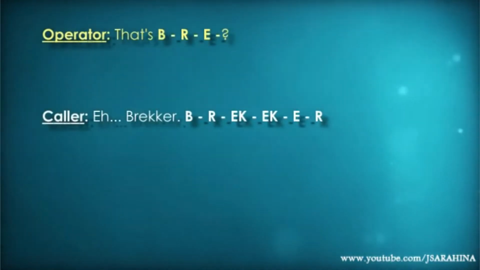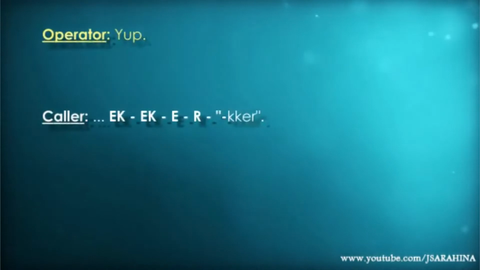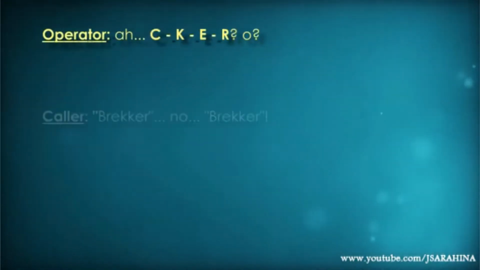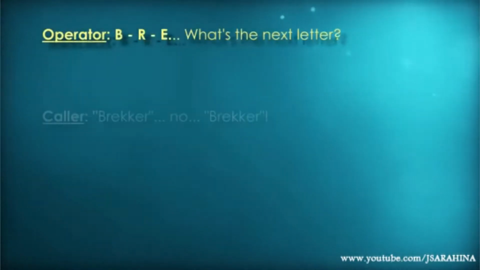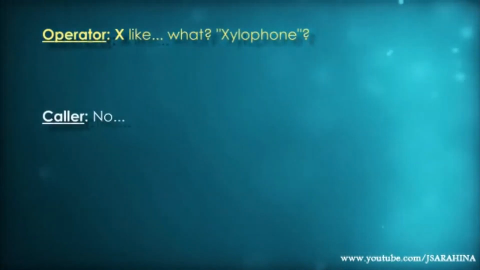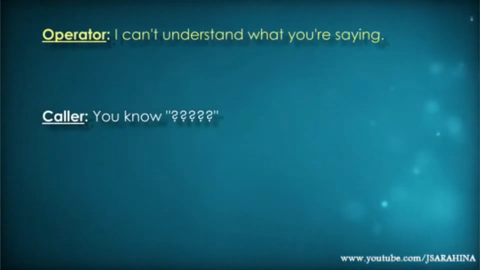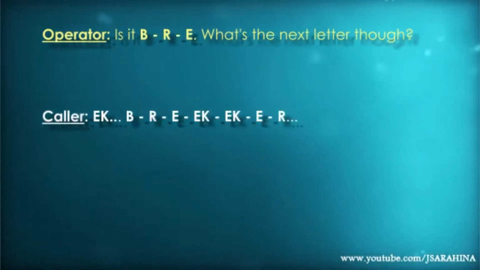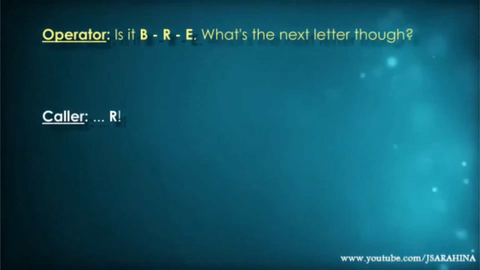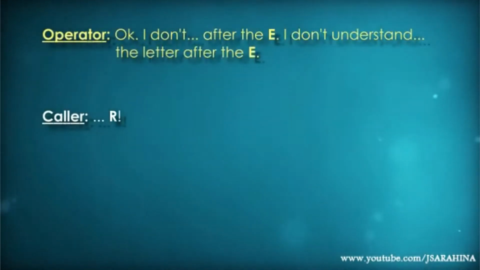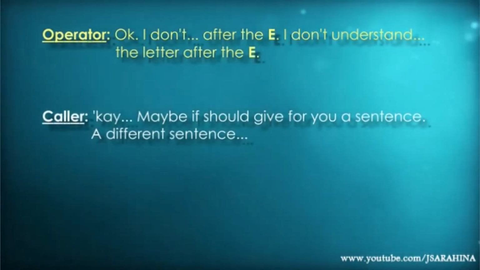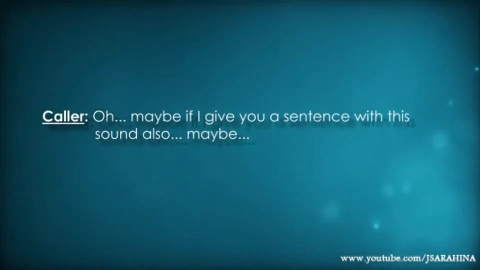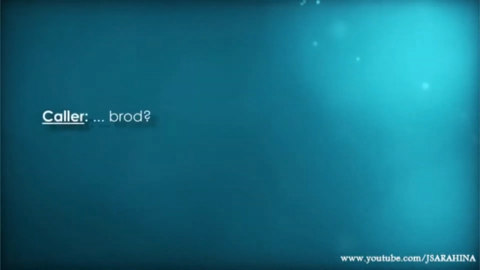That's B-R-E. B-R-E, Bre. Yeah. H-H-E-R, Ger. S as in Sam? No, as in Brecher. C-K-E-R? Or, Brecher, no, Brecher. okay, B-R-E. What's the next letter? Ech. X like, what, xylophone? No. You know Solomon nog? I can't understand what you're saying. You said B-R-E. What's the next letter, though? Ech. B-R-E, H-H-E-R. R. Okay, after the E, I don't understand the letter after the E. Okay, maybe I should give for you a sentence, a different What's sentence. What's the word that it begins with? Oh, so maybe if I give you a sentence with this sound also, maybe you know over there. Right?